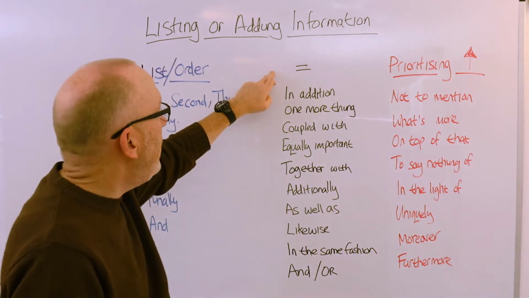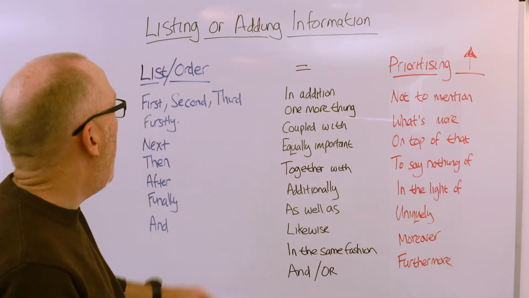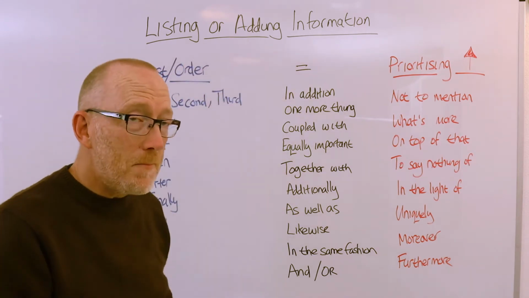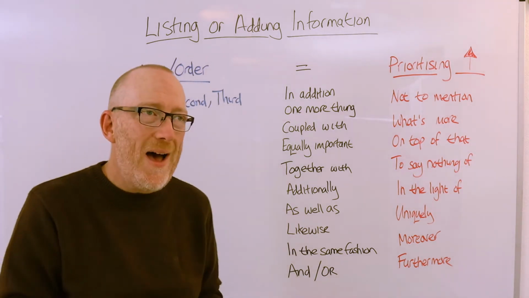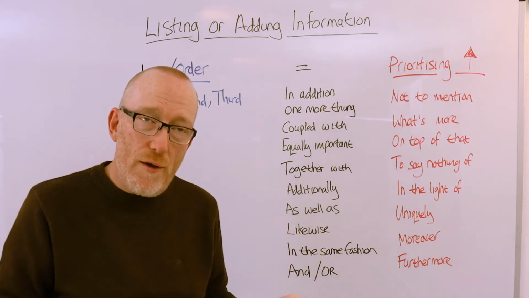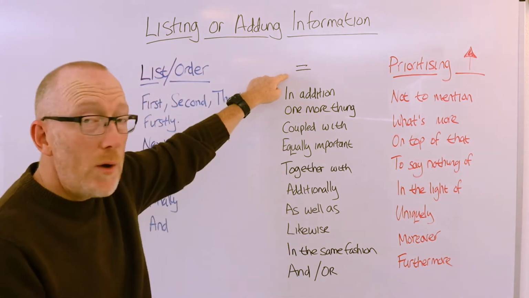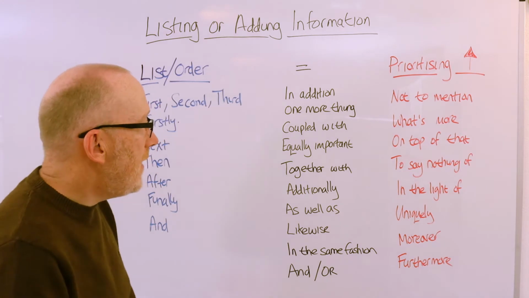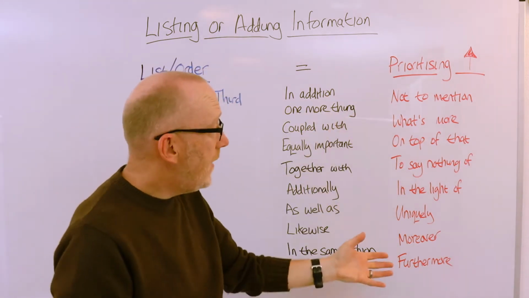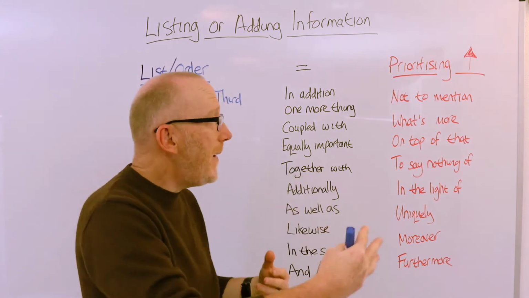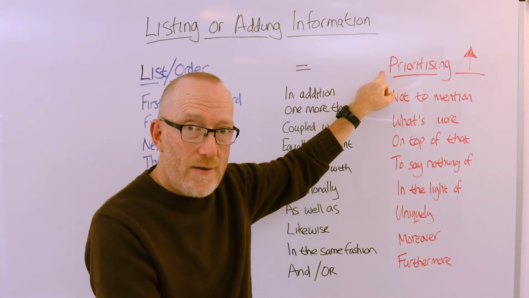Then we have the second column, which are linking words that allow us to list or add, but these are words that really allow us to add other words or other things of equal importance. Okay, so equal importance. Then we have our third column, which are linking words that allow us to link to more information and to give it what I would call a higher priority.